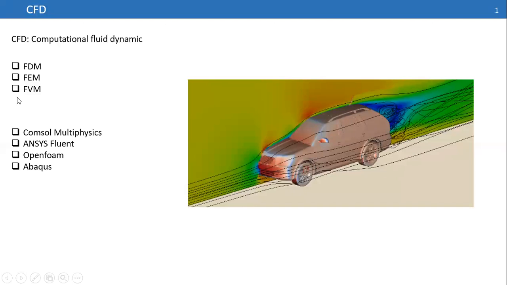The second thing is the different software that can be used in this regard. I told you that we can use finite difference. There's another method, the finite element method. Software that can be used for the finite element method includes COMSOL, which is a good example. This method is much more stable numerically.